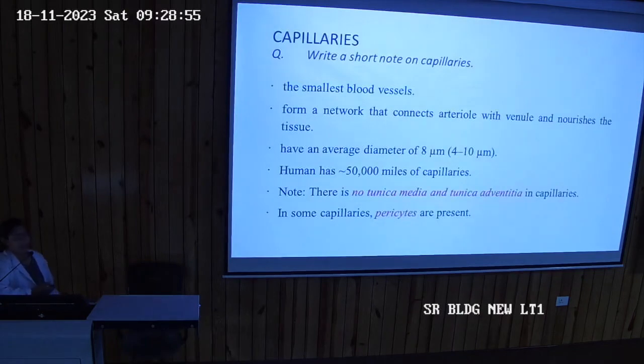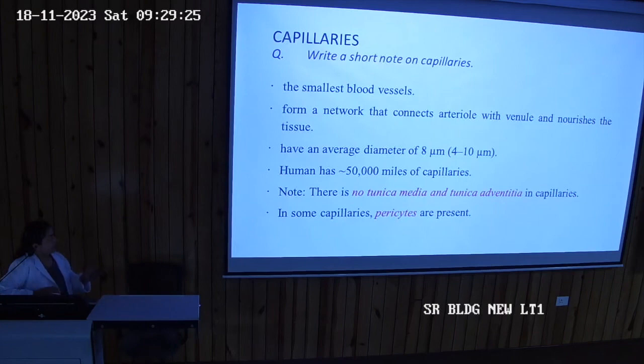Now what are capillaries? That was all about the arteries. What do you understand by a capillary? A capillary is also a type of blood vessel, but there is a lot of networking in the capillaries because the very small branches keep on dividing, and then they exchange blood, oxygen, and nutrients with the tissues.